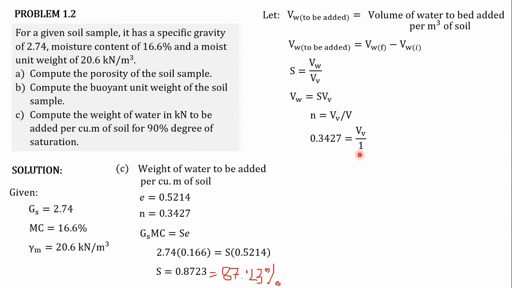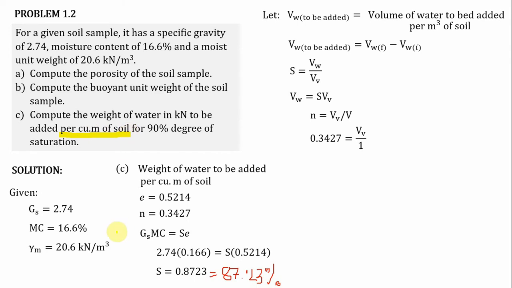So, ang aim natin dito is mag-assume lang tayo muna in every 1 cubic meter of soil. Because, yung question niya is compute the weight of water in kilonewton to be added, okay? Per cubic meter of soil. Okay?